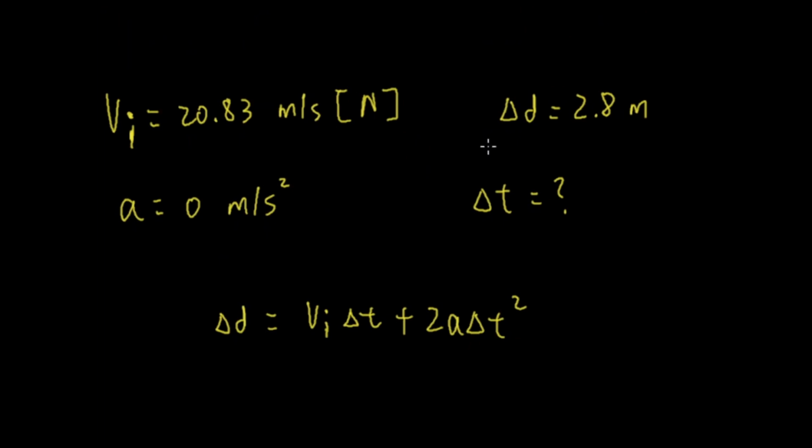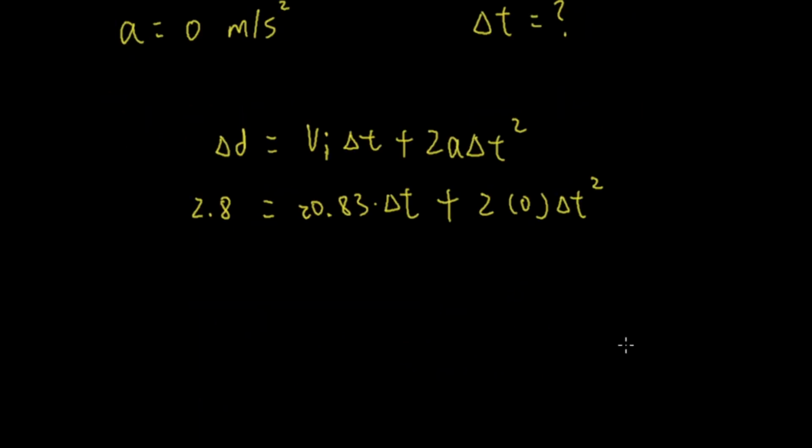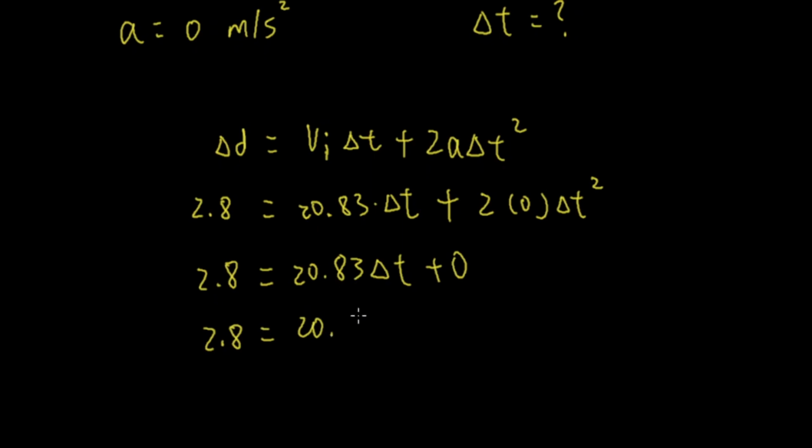Here. So let's put in the values here. Delta D is 2.8 meters. V initial is 20.83 meters per second times delta t plus one half times acceleration, which is 0, times delta t squared, and that part is equal to 0. So 2.8 equals 20.83 times delta t plus 0. 2.8 equals 20.83 times delta t.